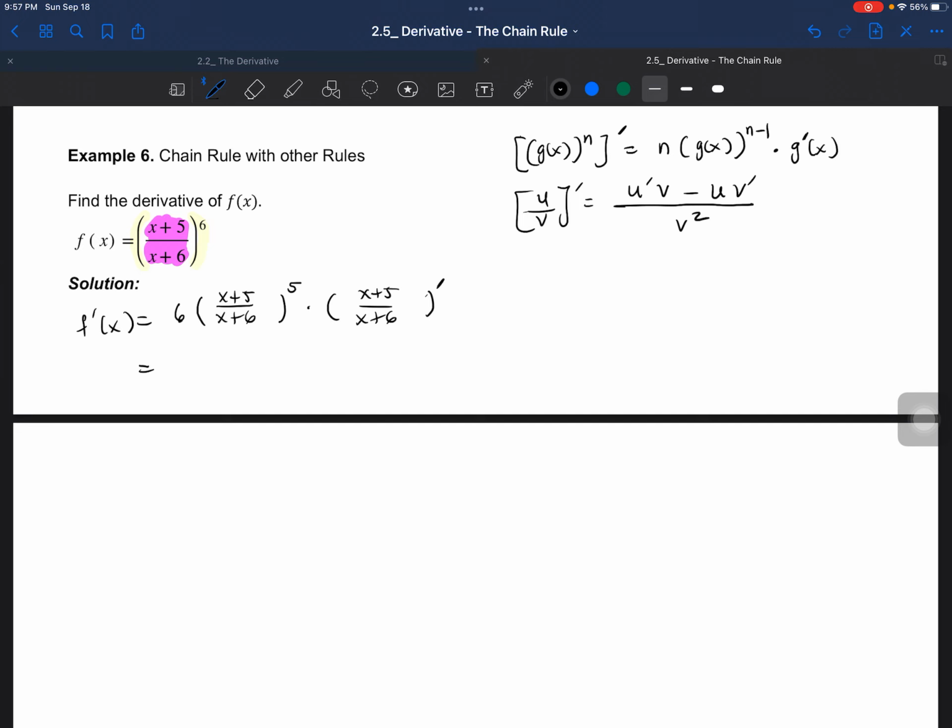So let me rewrite the quotient rule here just so that we have it. Following that, we're going to rewrite everything else. Everything else stays the same. And then when we multiply, we multiply by the whole thing, so it'll be this big fraction bar. I'm going to do this extra setup.